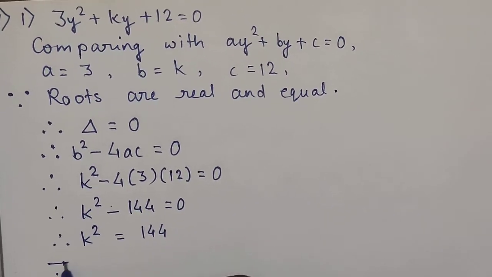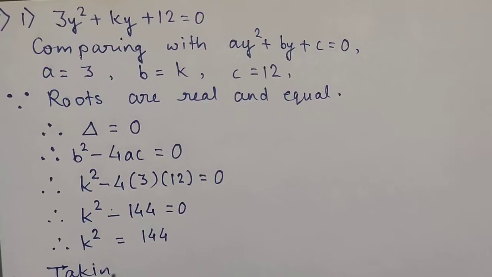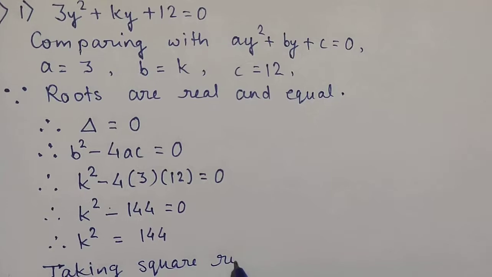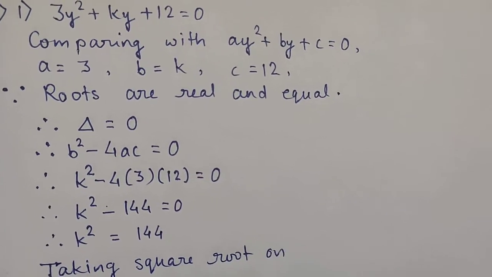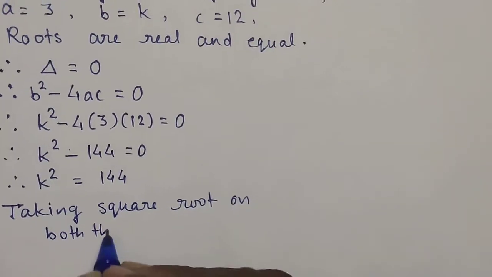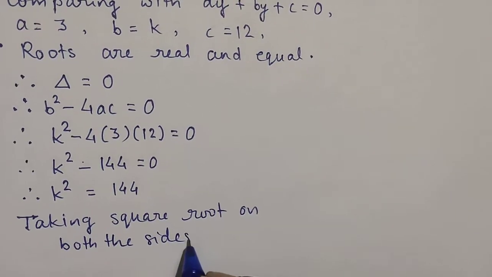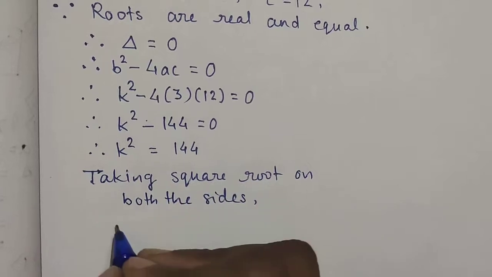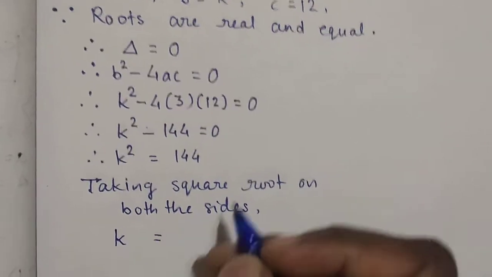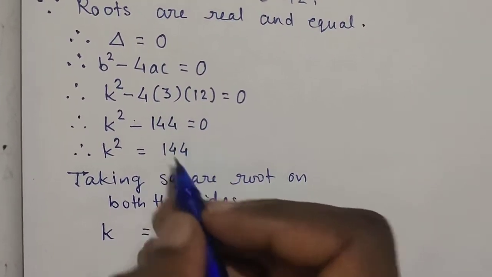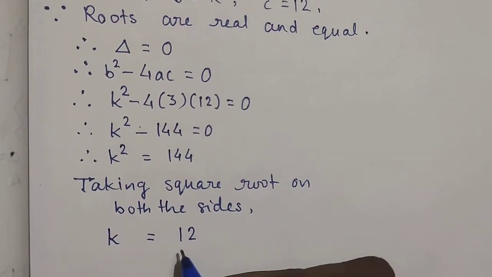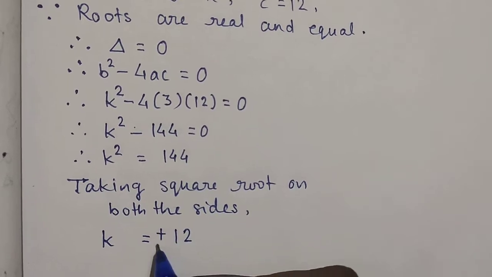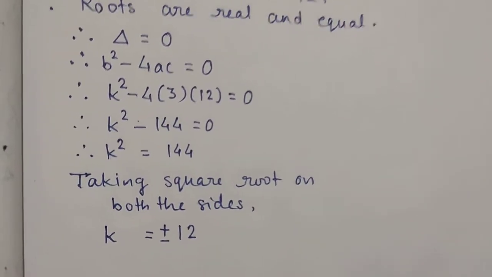Now see, what you are going to do? You are going to take square root. Okay, taking square root on both the sides. So if you take square root on both the sides, your k square becomes k is equal to, now you know square root of 144 is 12, but remember whenever you are taking square root, in that case you have to write plus or minus.